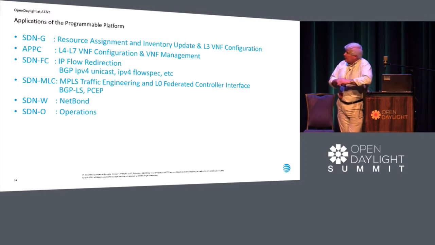Does it well. We quickly realized that the G part of global really wasn't global because the next thing that came up was AppC, application controller. It's doing a similar thing, layer 4 through 7 VNF configuration and VNF management, but it's a different set of directed graphs, it's a different Yang model, different set of southbound adapters. Here it talks to OpenStack.